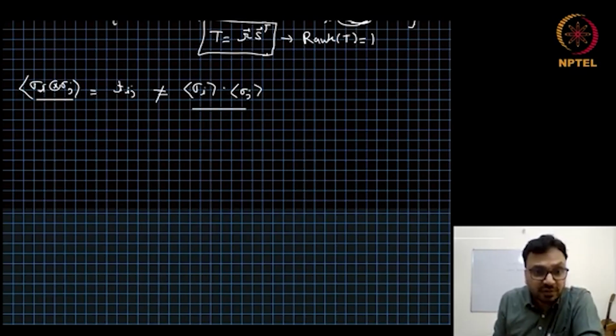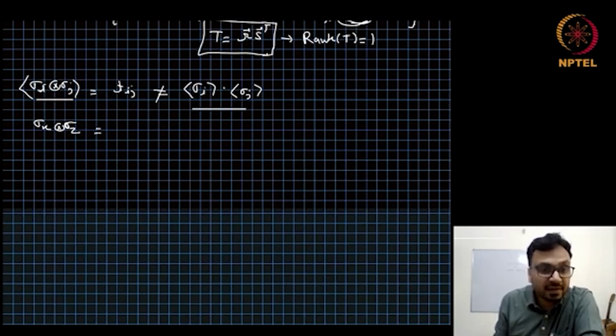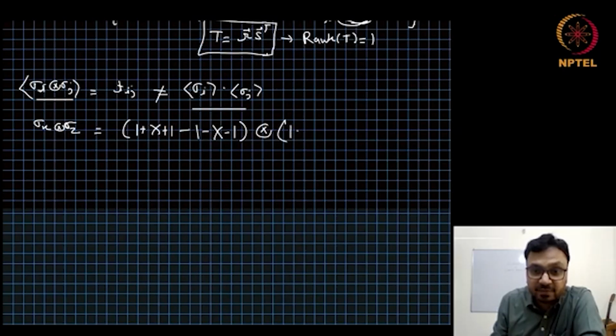In order to do that, let us take one example. Let us say we have sigma x tensor sigma z. Now we can write the spectral decomposition of those. Sigma x is |+><+| minus |-><-|. This is the spectral decomposition of sigma x. Tensor the spectral decomposition of sigma z, which is |0><0| minus |1><1|.